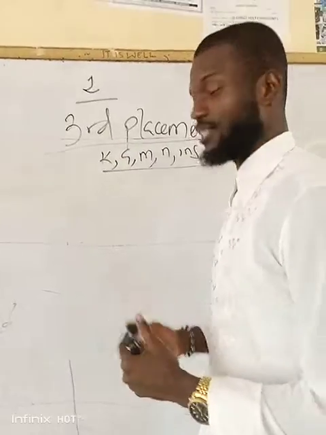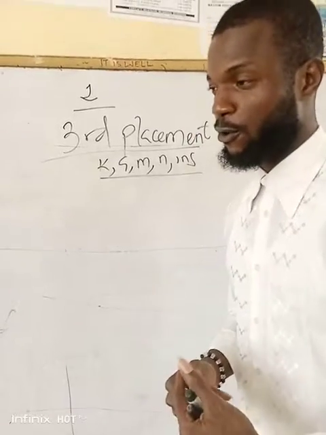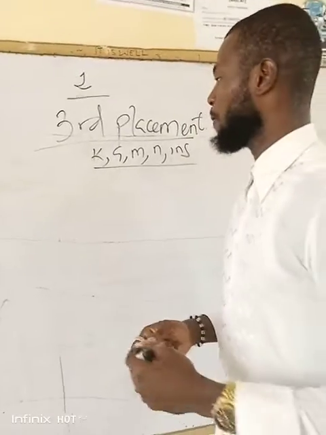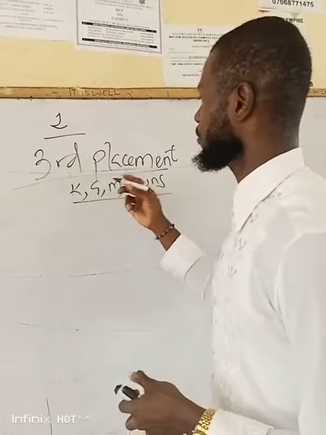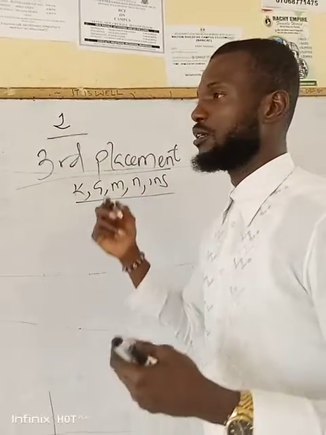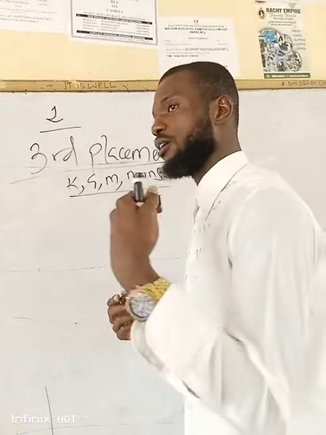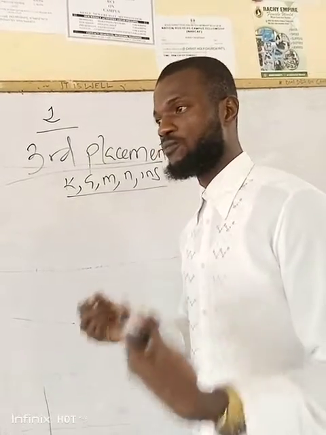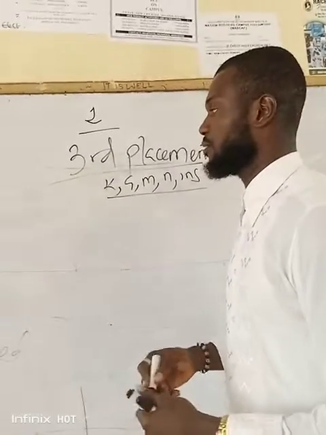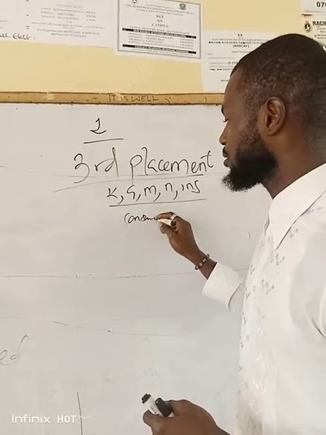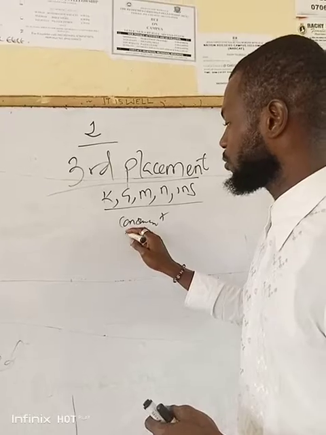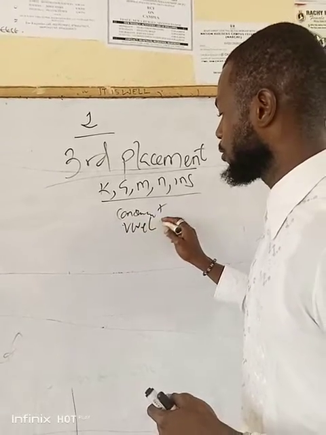Now, look at this. If we all know English very well, we will say that for a word to make sense, it has to have a consonant as well as a vowel sound.